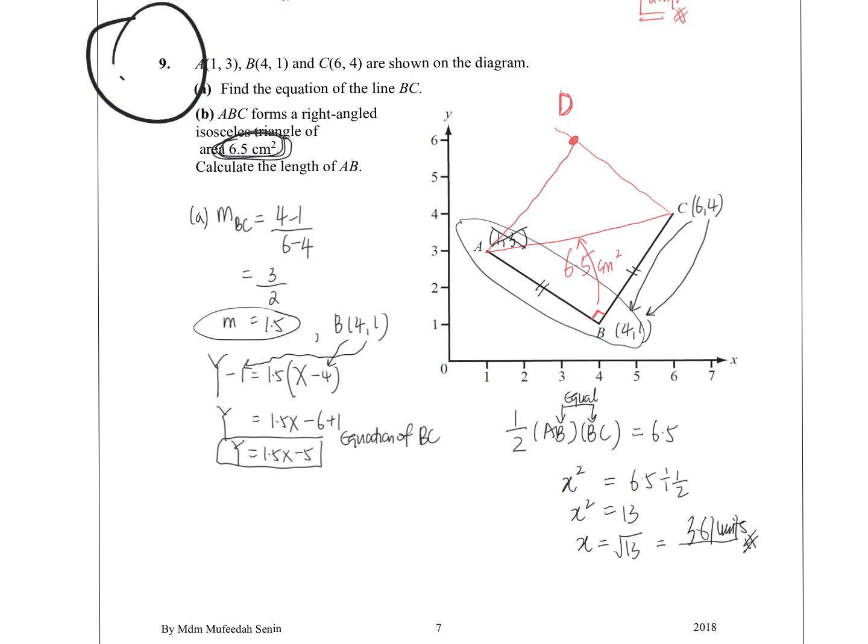If this ends up being a square. Okay, if ABCD is a square, how can I find a possible coordinate of D? So you can draw your triangles to help you. From 4 to 6, 2 units. From 1 to 4, 3 units.